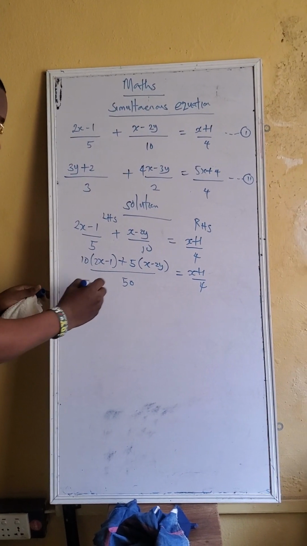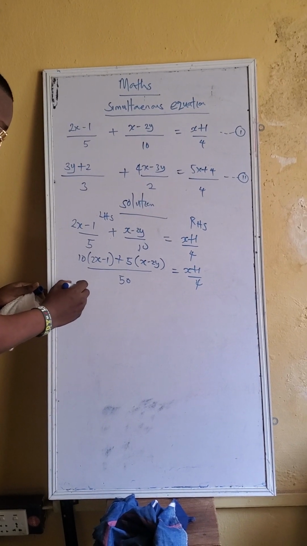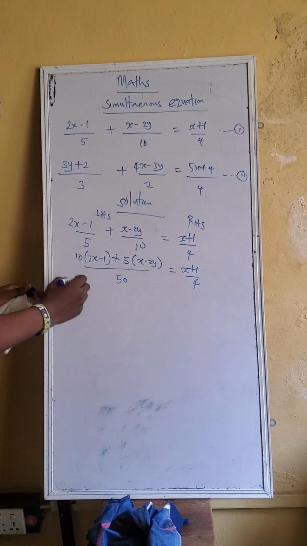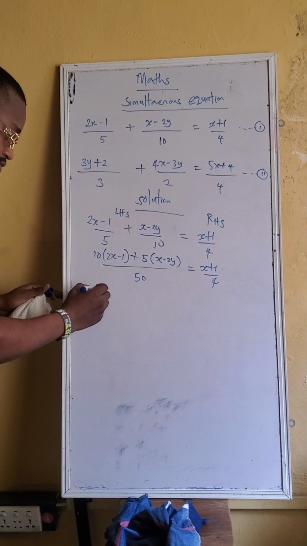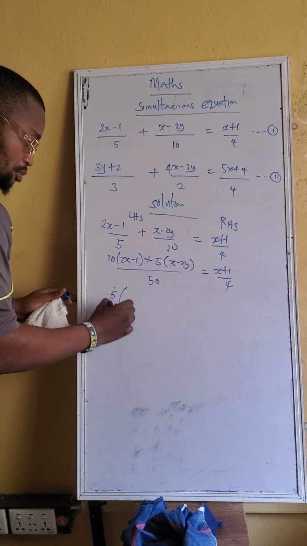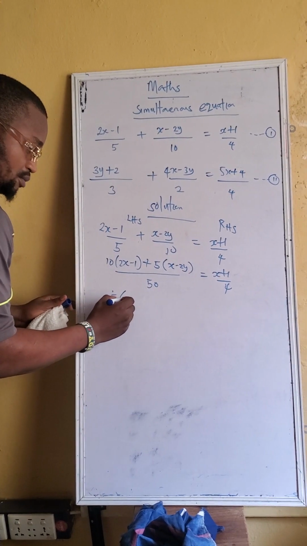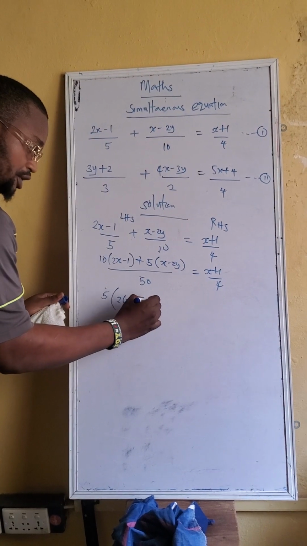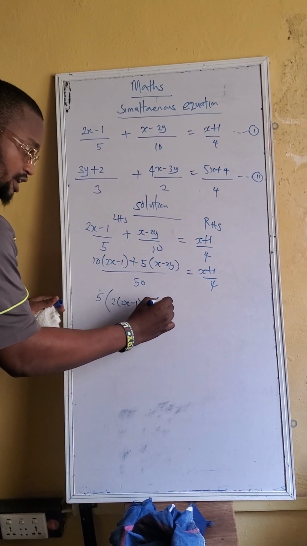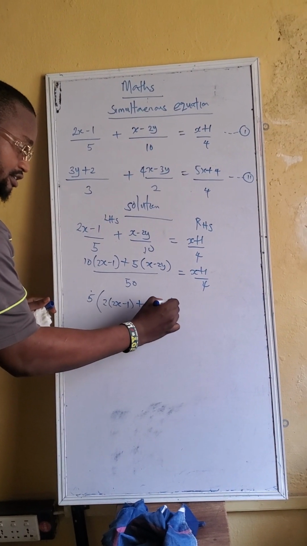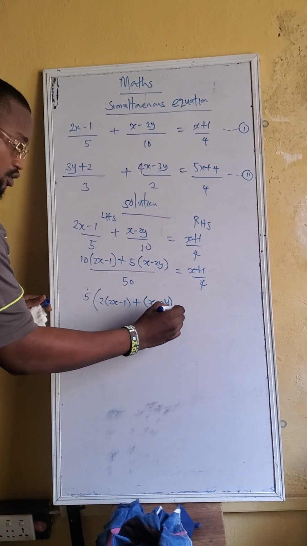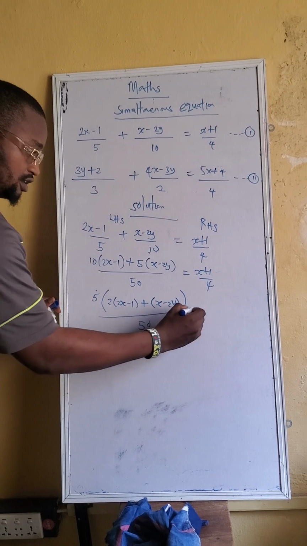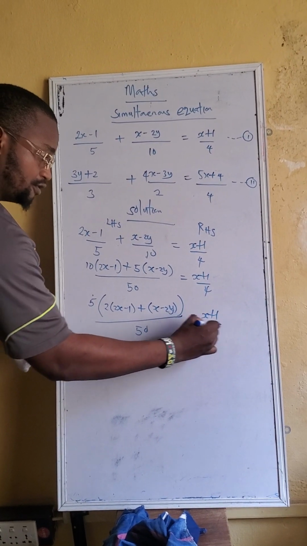Now we can say 5 open bracket, watch me, 5 open bracket 2x minus 1 plus x minus 2y, all over 50 equals what? x plus 1 over 4.